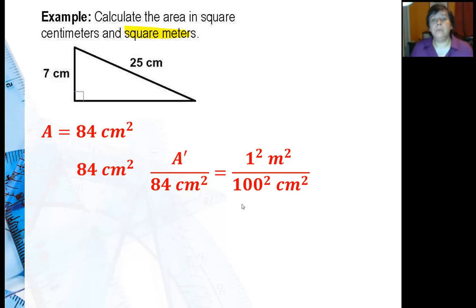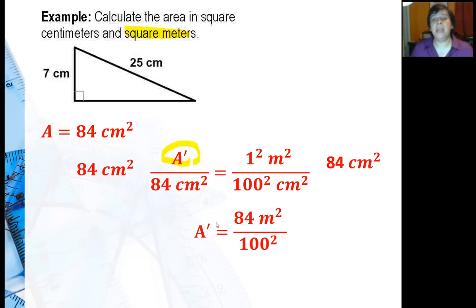Now I could cross multiply, but honestly, sometimes it's easier to just multiply both sides by the 84 because I'm trying to solve for A prime, and I want to undo this division of 84 by multiplying both sides by 84. So I end up with A prime is 84 meters squared over 100 squared.